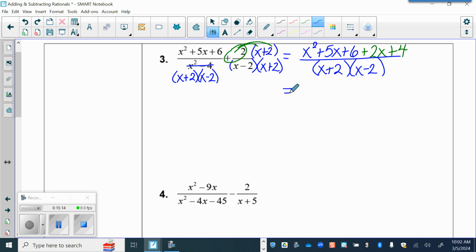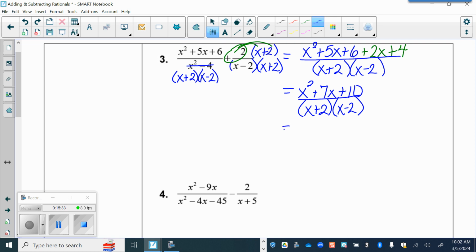Clean up your like terms. x squared, 5x plus 2x is 7x, 6 plus 4 is 10. Can I factor that numerator?